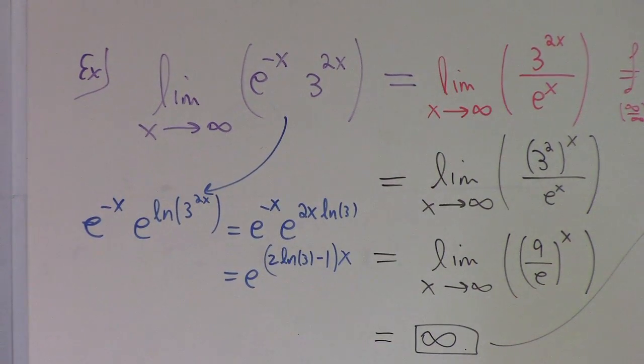And then you look at it and go, well, 2 times the natural log of 3 minus 1 is a positive number. Now there I probably would need a calculator. Sorry. But maybe some of you don't. I guess I wouldn't if I thought about it for a second. But anyway, that's e to a positive number. So if I take x going to infinity, I've got e to a positive infinity, which is infinity. That's another way we could have looked at it. But certainly, quotients are important, but they're not the only game in town. They're the biggest game for what we're doing.